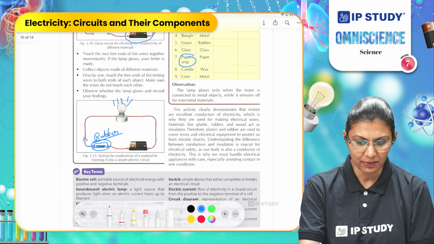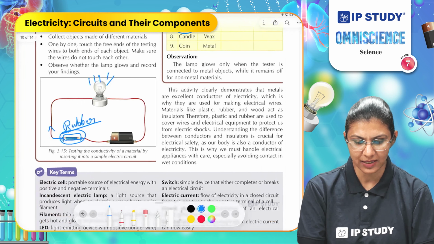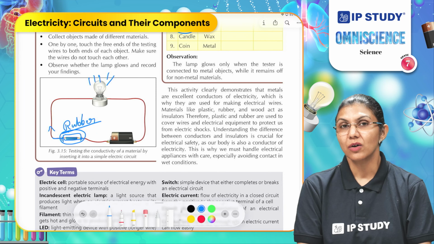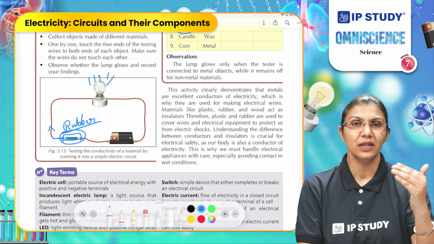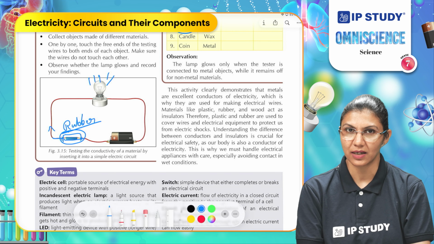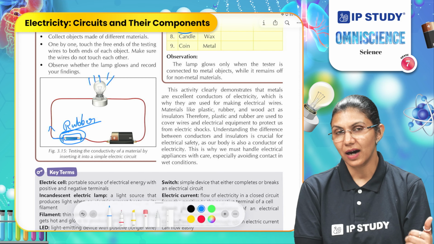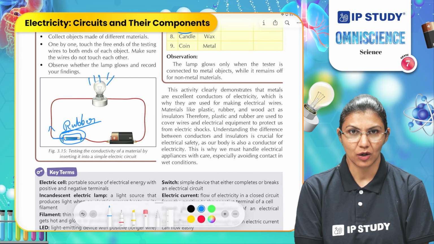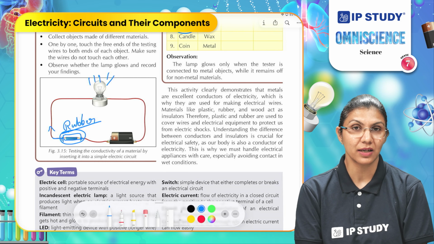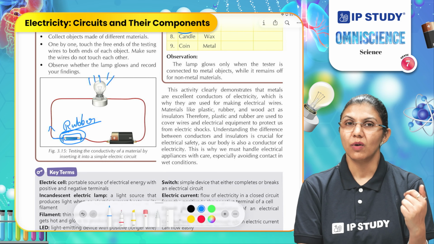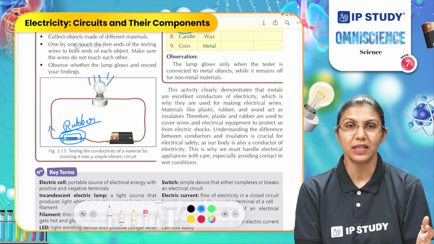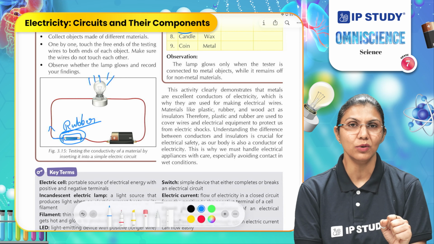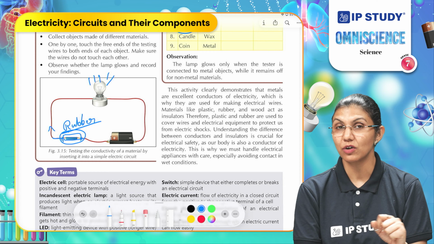So, in this chapter, we studied what is electricity and what are the different components of any electric cell which help us to study the flow of electricity through a circuit. What are the closed circuits and the open circuits? How can we make a circuit open and closed? What is required here? We need a switch here, or we need a material which can allow the current to flow through the circuit to complete the circuit.